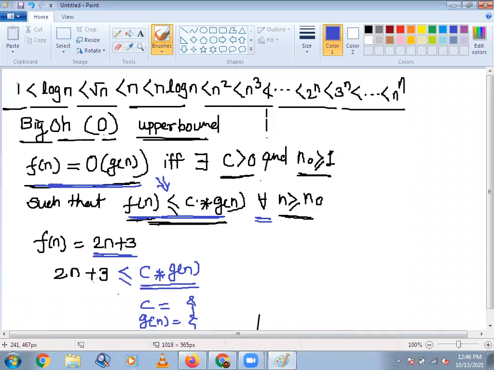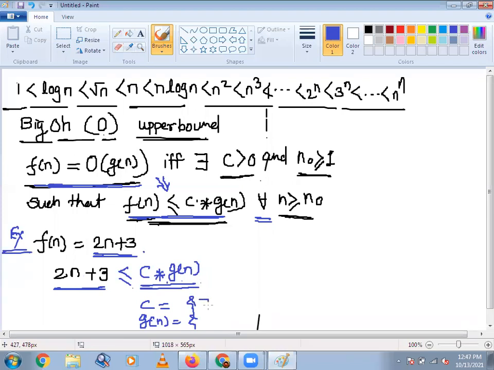Okay, we'll take one example, then you will understand. See here, suppose f of n is equal to 2n plus 3. Okay, and we want to write it in the format f of n is less than equal to c into g of n. So 2n plus 3 is less than equal to c into g of n.